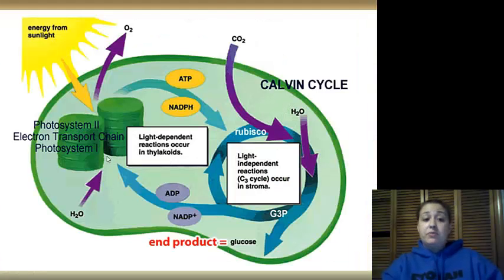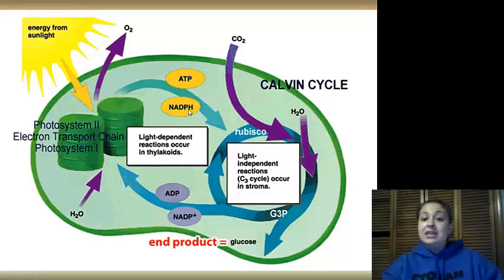So overall, when we're talking about the light reaction, we use H2O. We use ADP and NADP+, which are the low energy forms. And we use sunlight, we excite that electron, we split the water, and we get oxygen, ATP, and NADPH.